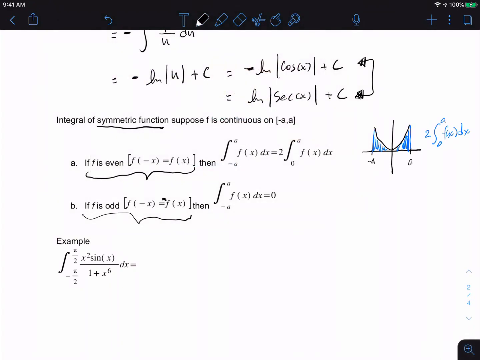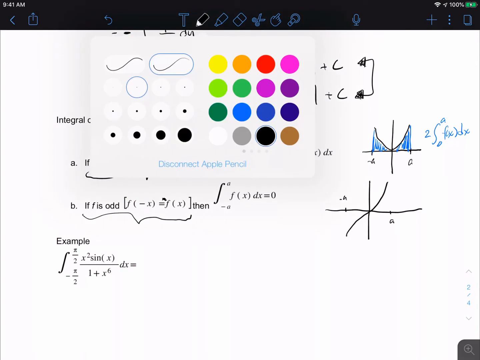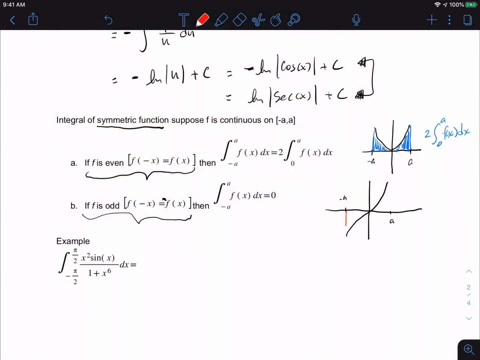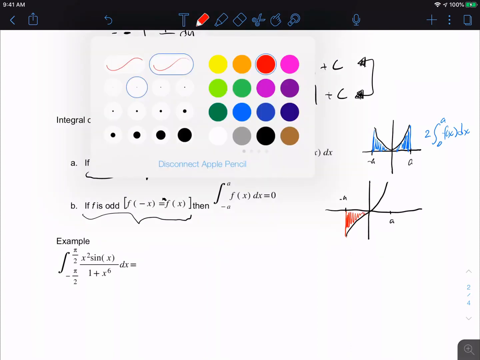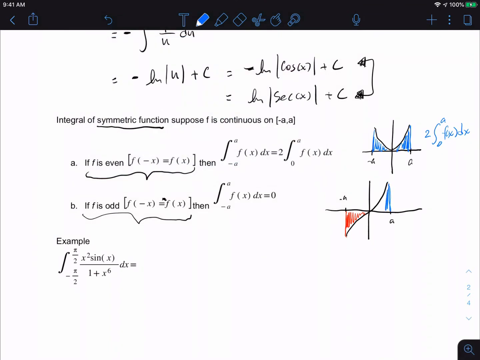Now, if it's odd, what's cool is I'm going to use an odd function. Here is x cubed, and here's from negative a to a. And the one thing that we need to remember is when we're below the x-axis, this is a negative area. And when we're above the x-axis, it's a positive area.